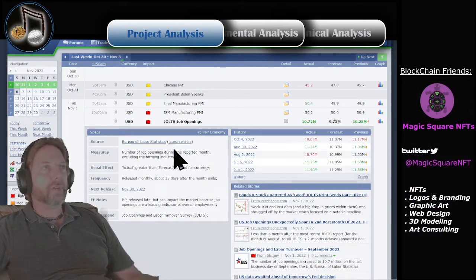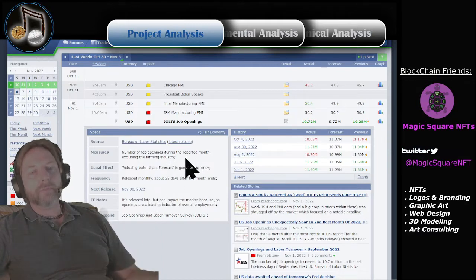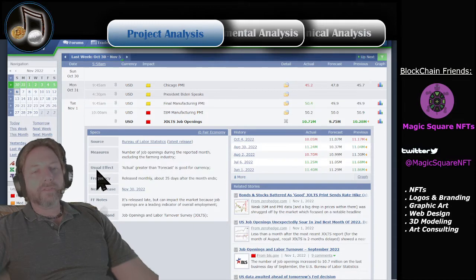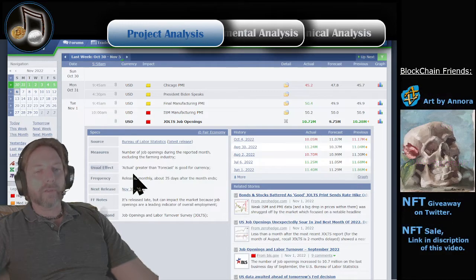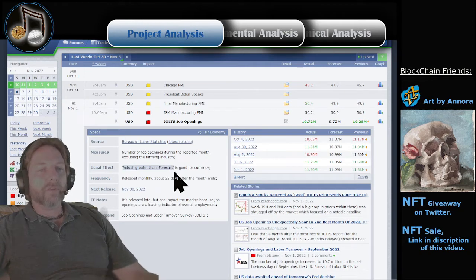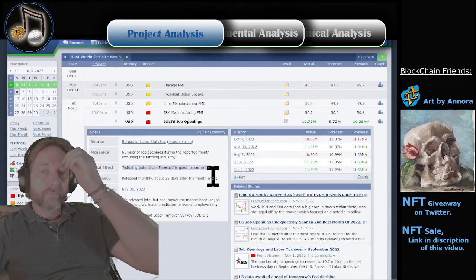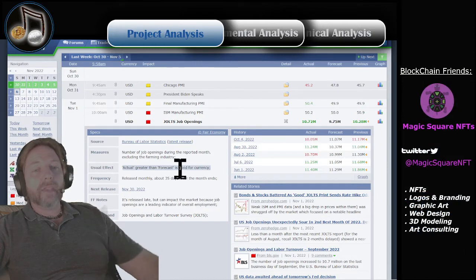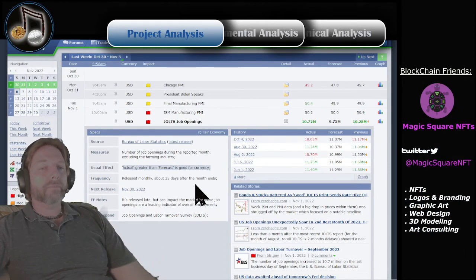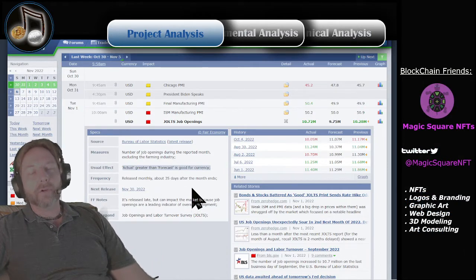So this is all the job openings in America, excluding the farming industry. It says usual effect: actual greater than forecast is good for the currency. Now this actually depends on where we are in the market cycle.